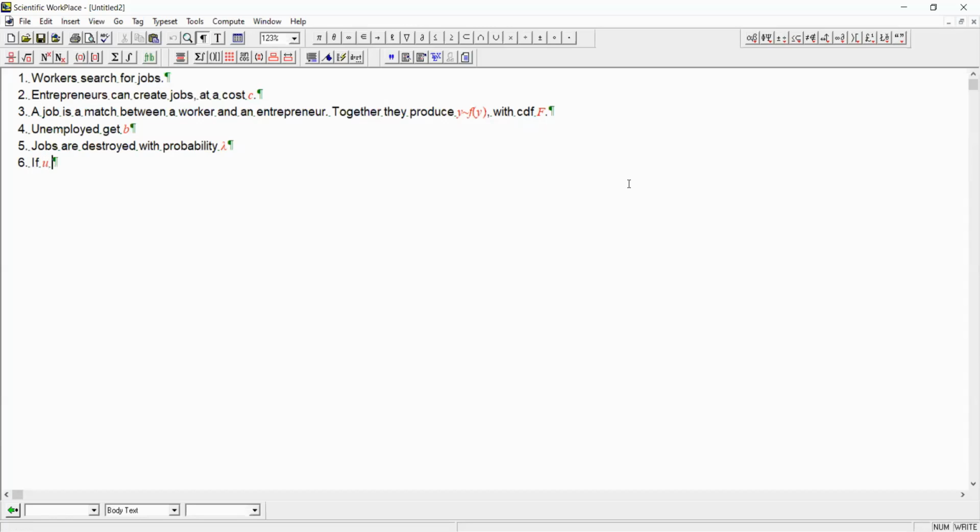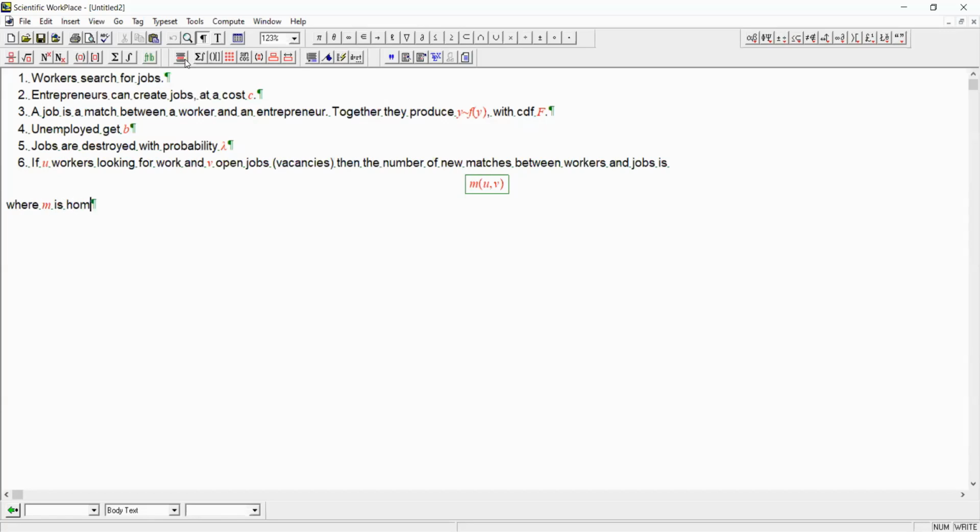If there are U workers looking for work and V open jobs, so we're going to refer to an open job as a vacancy, then the number of new matches between workers and jobs is a function M of U and V, where M is homogeneous of degree 1.